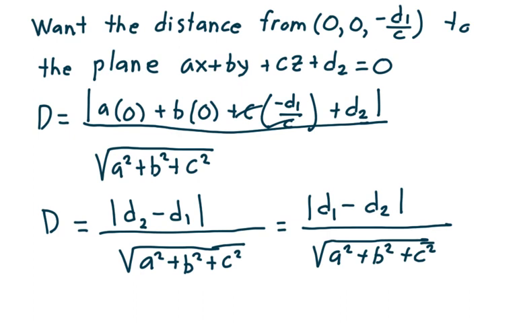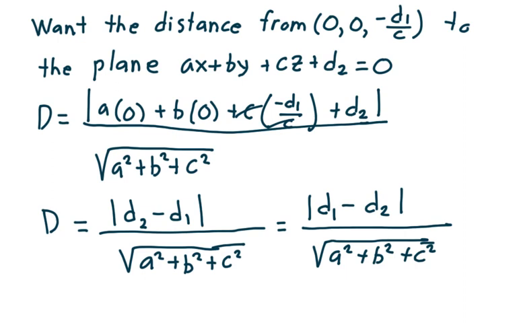The denominator makes sense because we're assuming C is not 0. A and B can be 0. That's fine. As long as one of them is not 0, we're okay. And so capital D is the absolute value of D sub 2 minus D sub 1 divided by the square root of A squared plus B squared plus C squared.